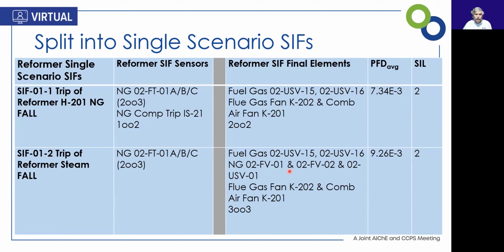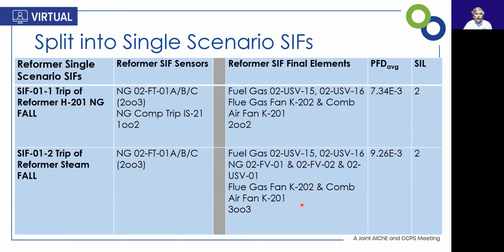And then we look at the final elements. We're going to take the fuel gas out just as we did above. We're going to trip the natural gas flow valves and the natural gas shutdown valve. And then we'll also trip the flue gas fan and the combustion air fan.